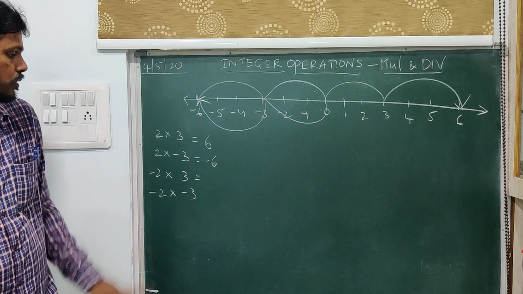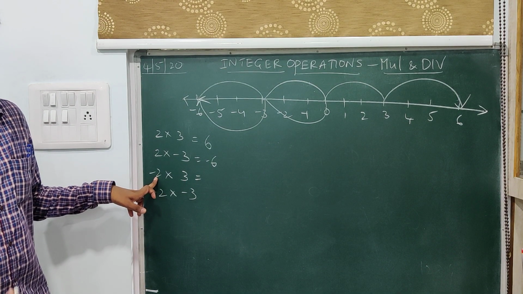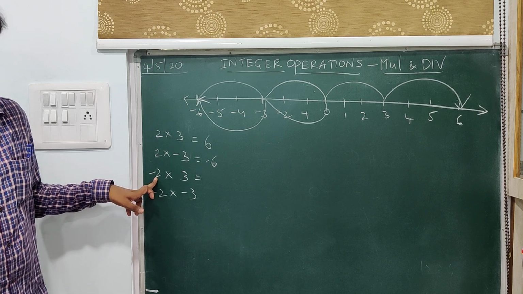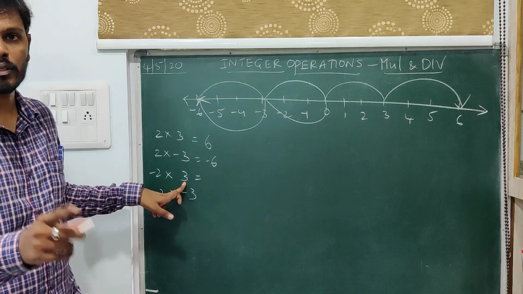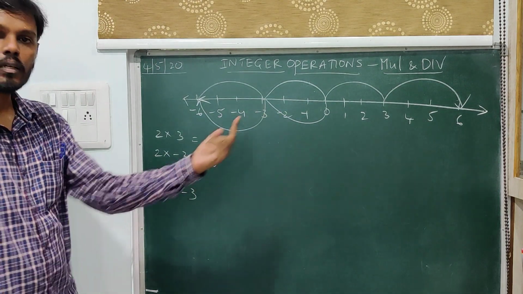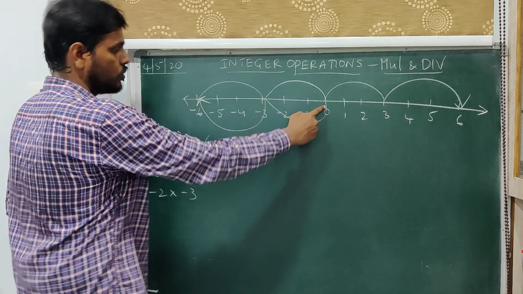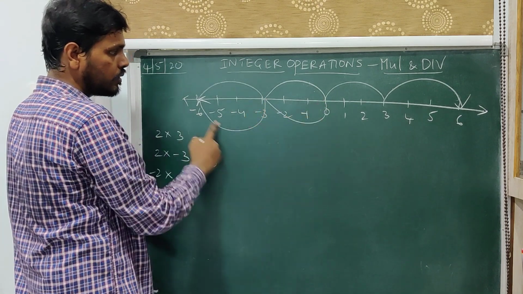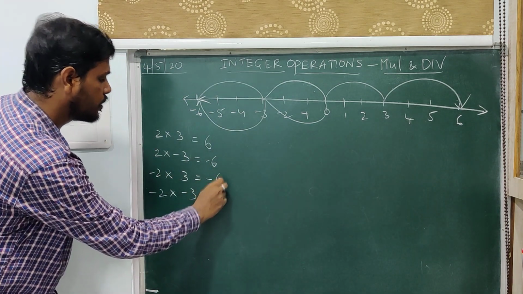So minus 2 into 3, minus 2 is a negative multiplier, so we need to subtract. So what to subtract? 3. 3 is to be subtracted how many times? 2 times. From what? From 0. So when you are subtracting a positive integer, you will go in the negative direction. So since 3 is a positive integer, I have gone in the negative direction. So this is minus 6.